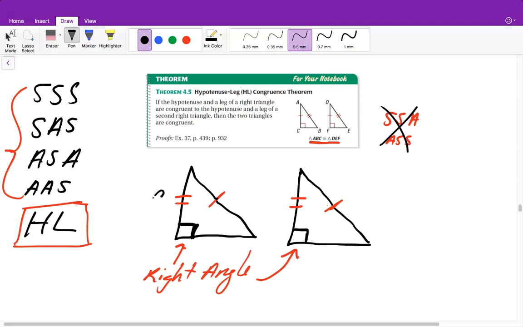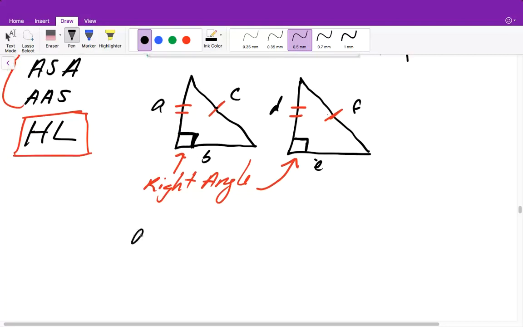Because remember, if this was A, B, and C, and this one's D, E, and F, well, here we would know that we have A squared plus B squared is equal to C squared. Here we have D squared plus E squared is equal to F squared.